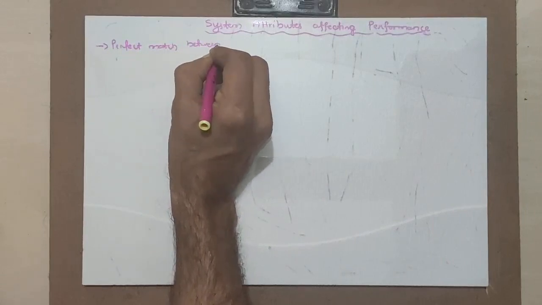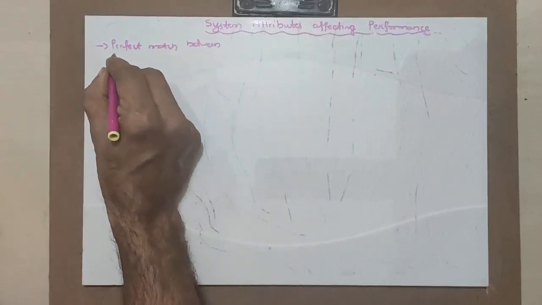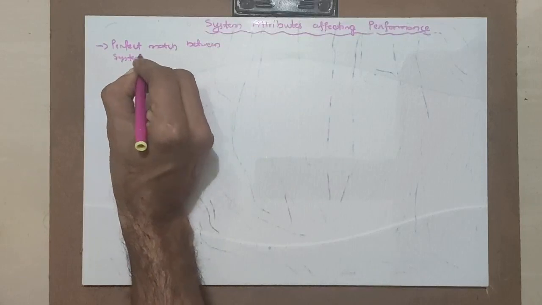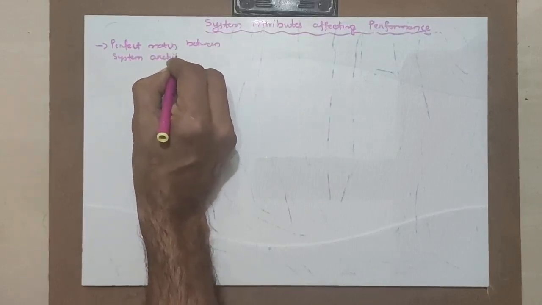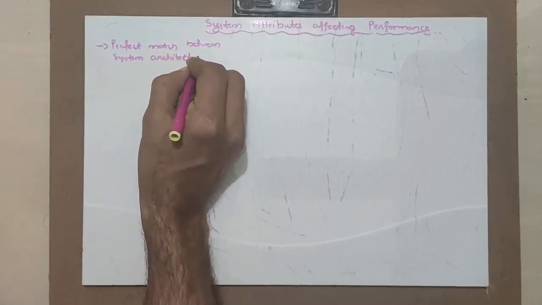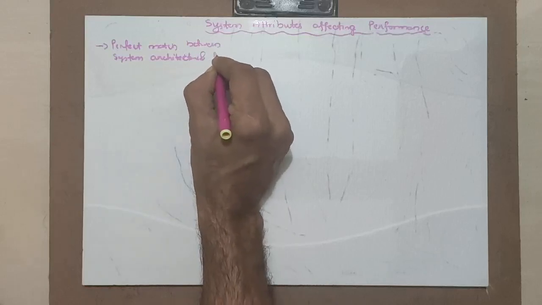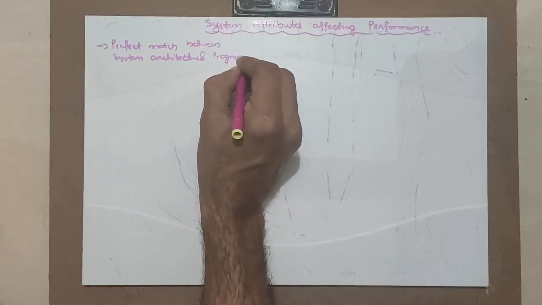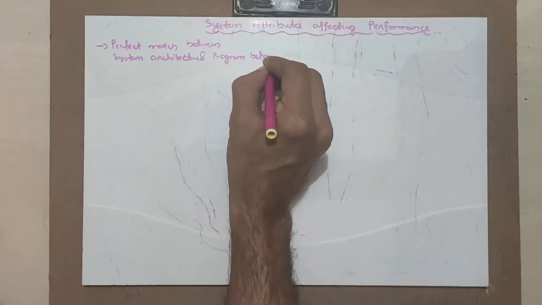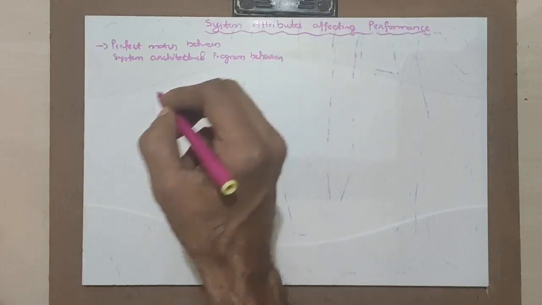between system architecture and program behavior. This is very much essential.